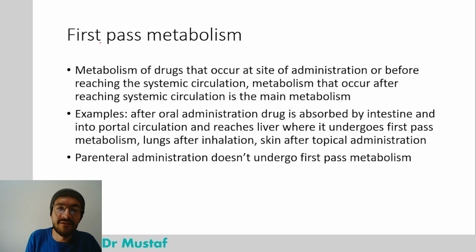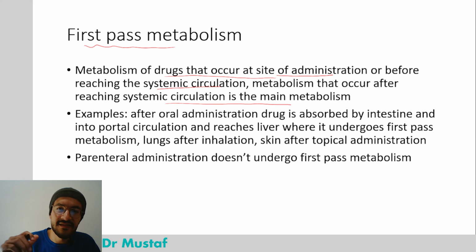Now let's talk about first pass metabolism. First pass metabolism is the metabolism of drugs that occurs before reaching the systemic circulation. In comparison, the metabolism that occurs after reaching the systemic circulation is the main metabolism.